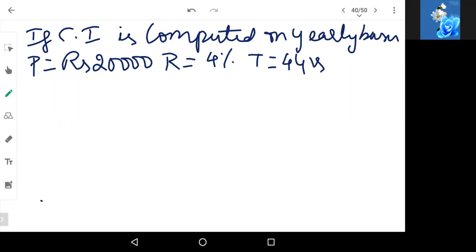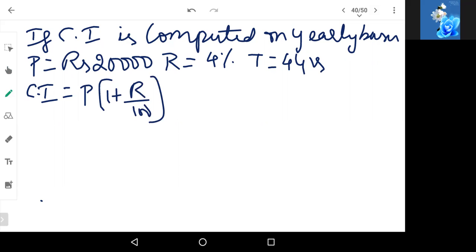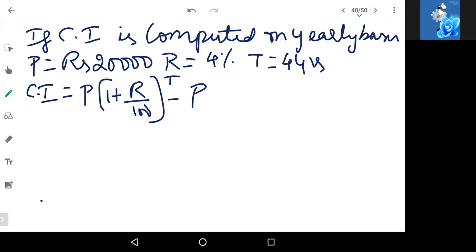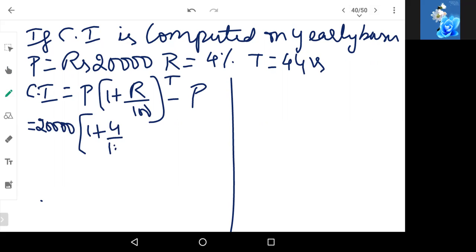Whatever is given in the question, take that directly. Now calculate. Write the formula 1 plus r by 100 to the power t minus p. Okay. So let me put a line here. So that is 20,000 into 1 plus 4 by 100 to the power 4 minus 20,000.